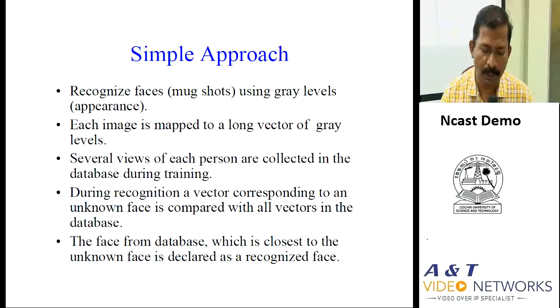So some simple approach could be just you take the mugshots of the face. Mugshot is basically you take the contours of your face and just record the gray level values of that face, and you construct a vector, and based on the vector you just try to compare that vector with the already existing database, and try to see whether the vector matches with the existing data set.